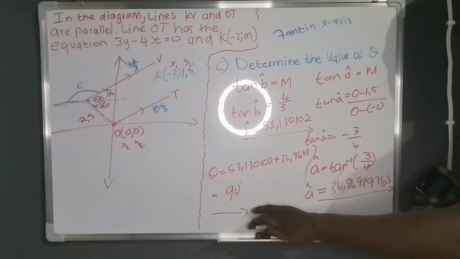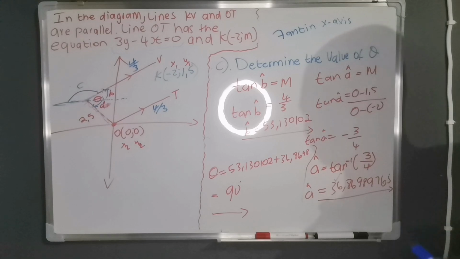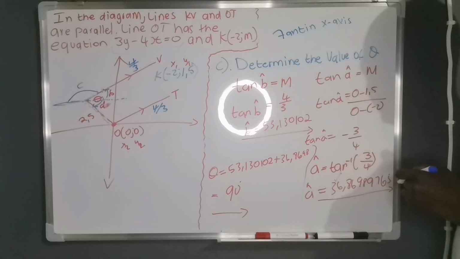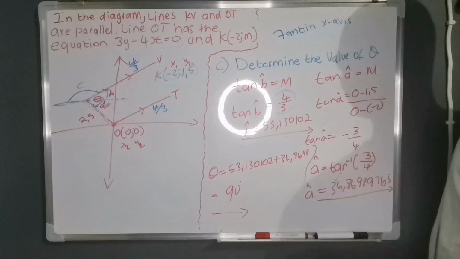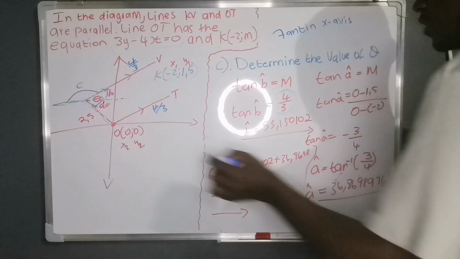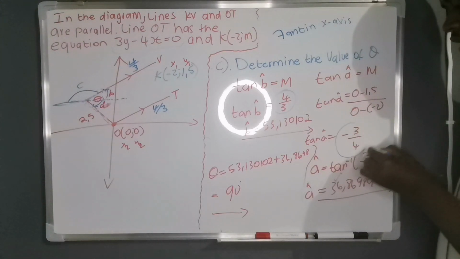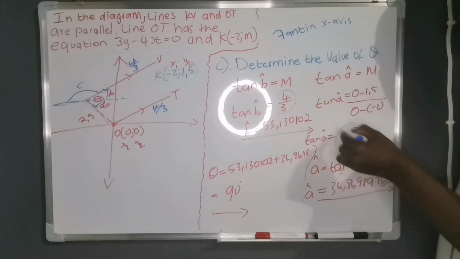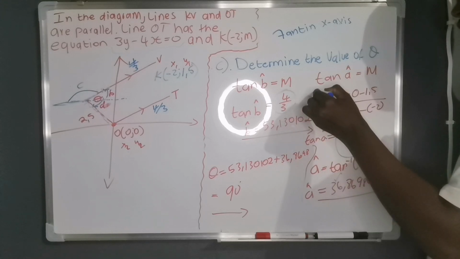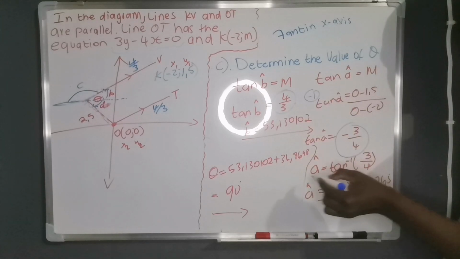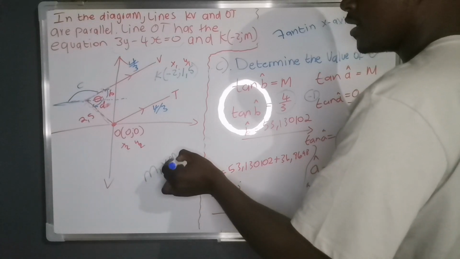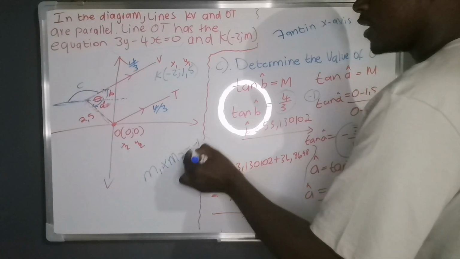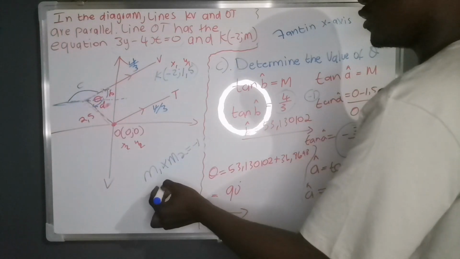Remember guys, there is another way of finding this angle theta. If you check our gradients, the gradient of line KV is 4/3, and the gradient of line KO is negative 3/4. If you multiply the two, they give you -1. And remember, we talked about this concept: if you multiply two gradients and they give you -1, that means these two lines are perpendicular to one another.